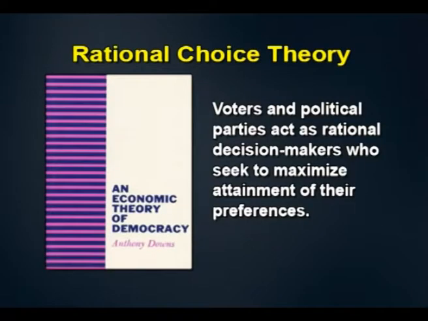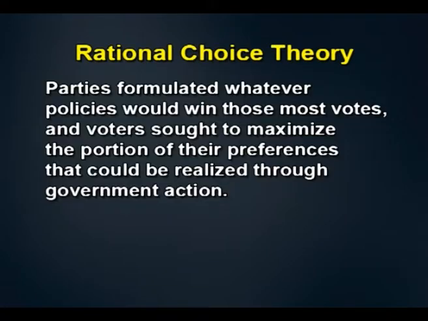In his influential book, Downs assumes that voters and political parties act as rational decision makers who seek to maximize attainment of their preferences. Parties formulated whatever policies would win the most votes, and voters sought to maximize the portion of their preferences that could be realized through government action.